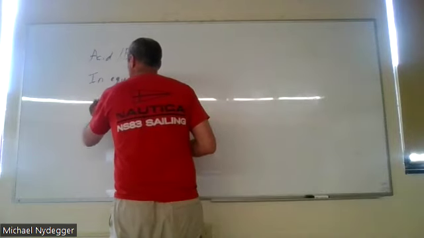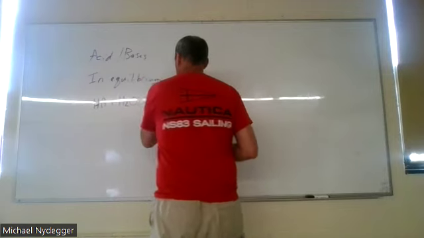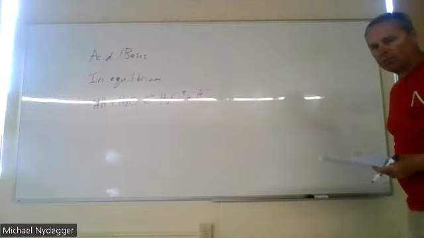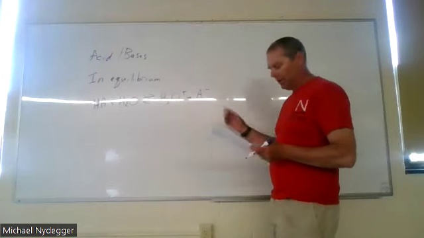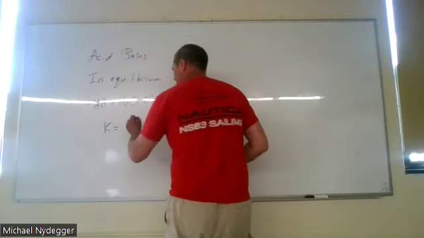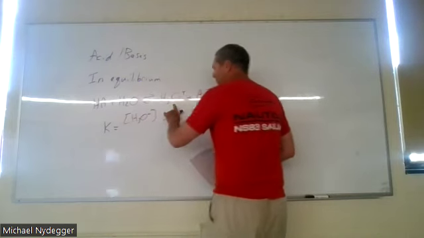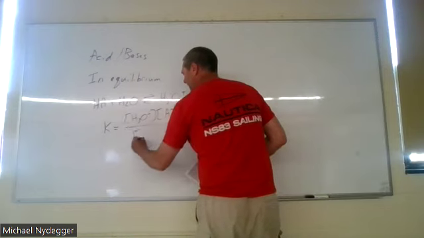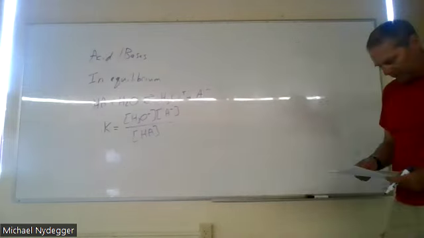If we have an acid in water, it's going to dissociate as such, right? This should bring back hopefully good memories, maybe some bad memories from last semester, but we talked about this quite a bit. The equilibrium constant is equal to the concentration of the conjugate acid times the concentration of the conjugate base, divided by the concentration of our starting acid. All right.